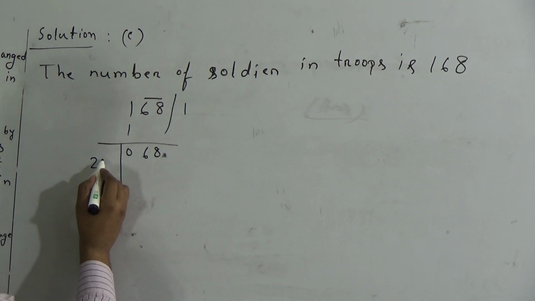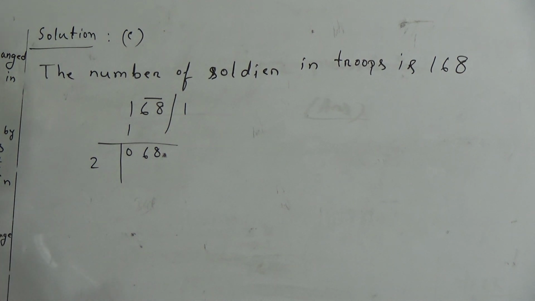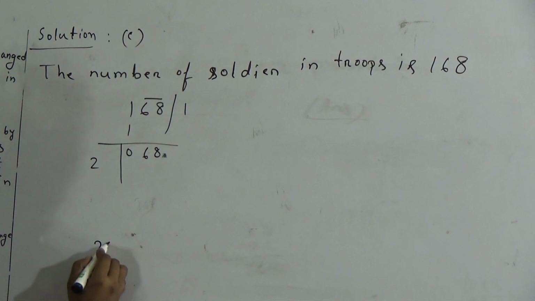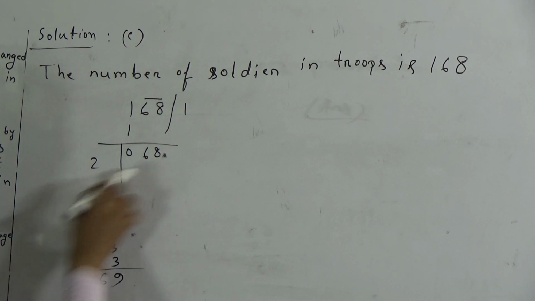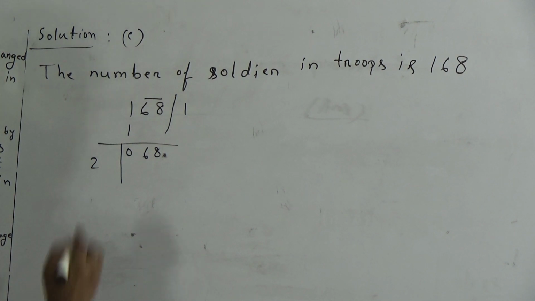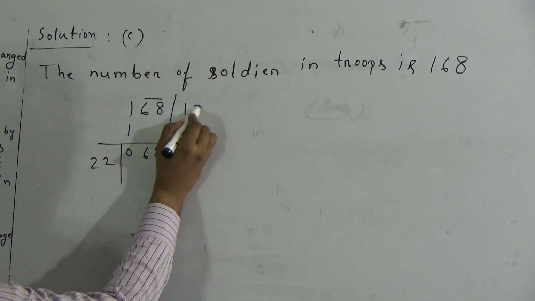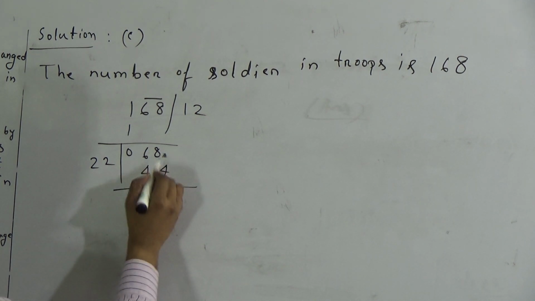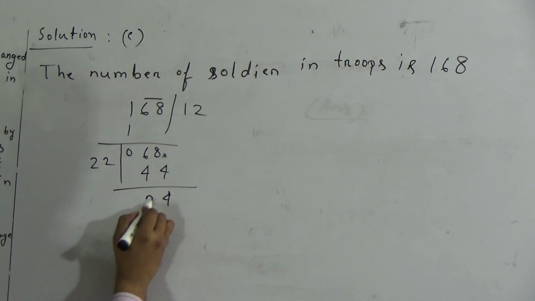If we take here 3, then it will be 23 and 23 3s are 69, which is greater than 68. So we cannot take 3 here, we have to take here 2. Now 22 2s are 44. After subtracting we will get 42.